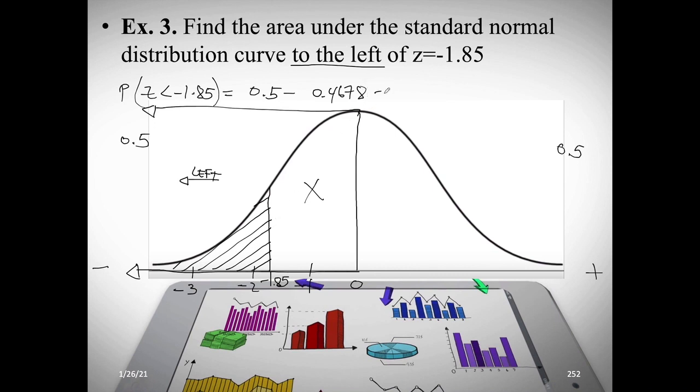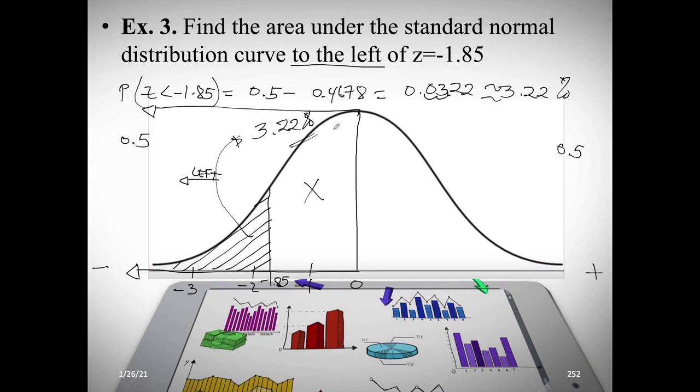So, ganun yung logic behind. And by simply subtracting these two numbers, we can have 0.0322. Or in percentage, this is, move to decimal, this is 3.22%. Therefore, we can easily say that this area is equivalent to 3.22%. Ayan, that's it. I hope nakuha ninyo.